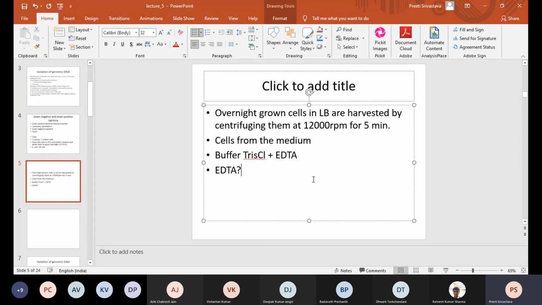Yeah, and what it does is that it actually chelates magnesium ions. These magnesium ions are present in the cell membrane. So when it chelates these magnesium ions, it actually destabilizes the membrane, right?